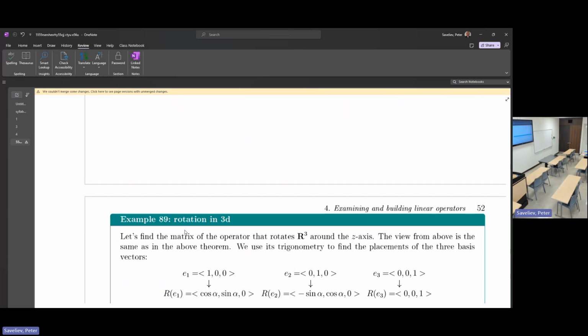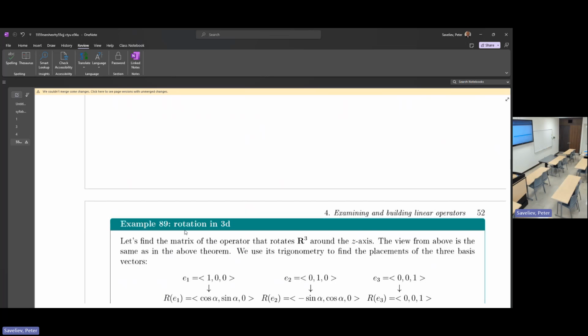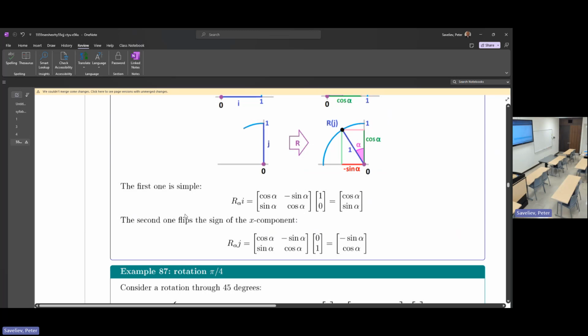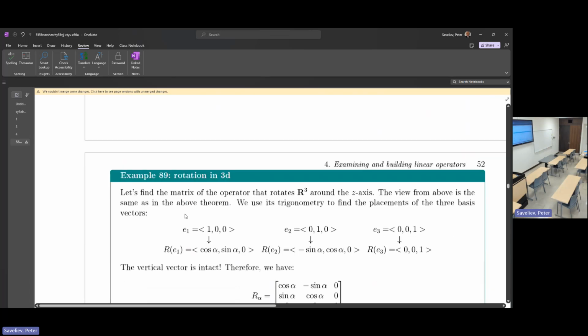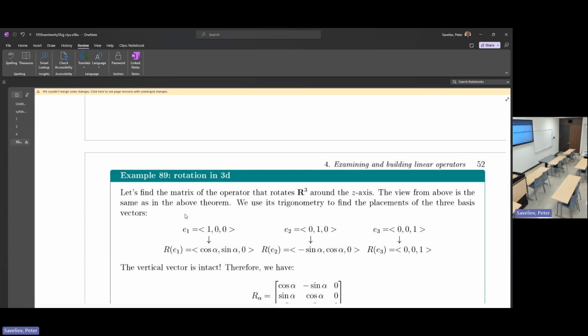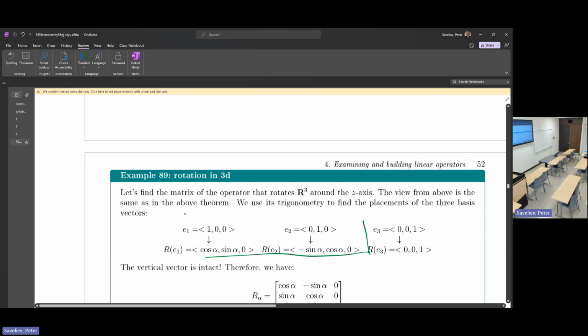So once again, just look at where each of the three basis vectors go, E1, E2, E3. The rotation is still within the XY plane, so everything that we did here applies. We cannot do one axis at a time because they're intermixed. But fortunately, although X and Y are intermixed, this one is not.